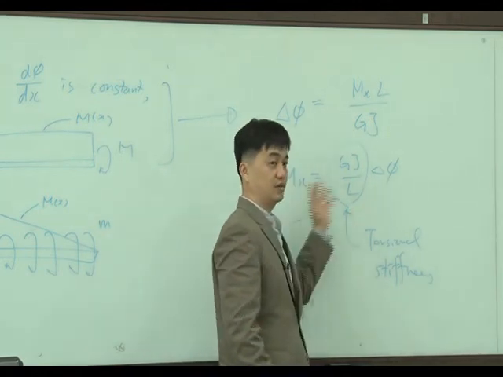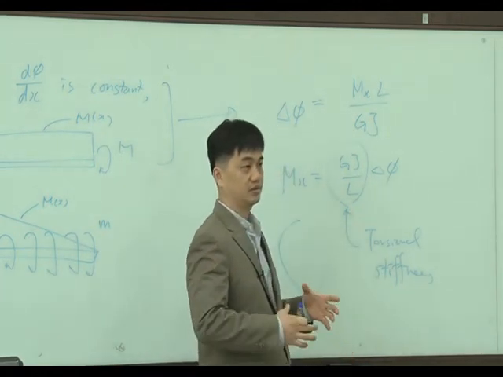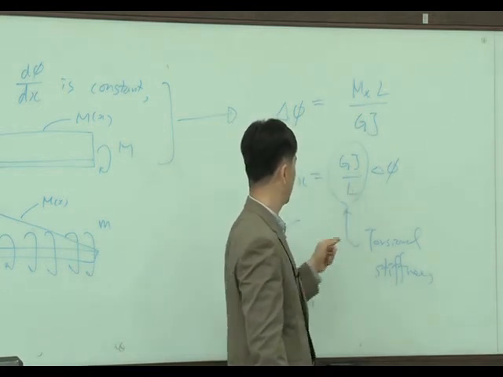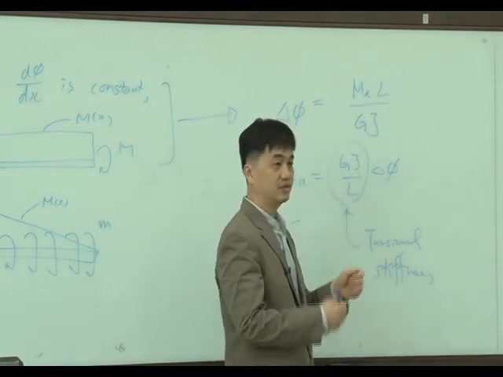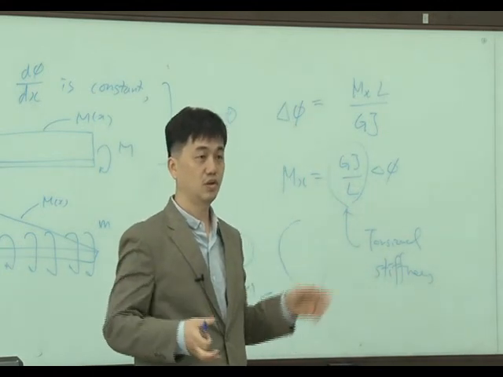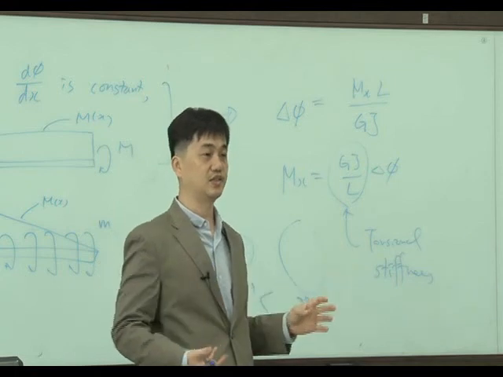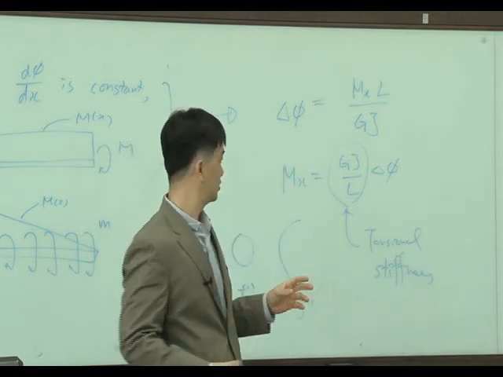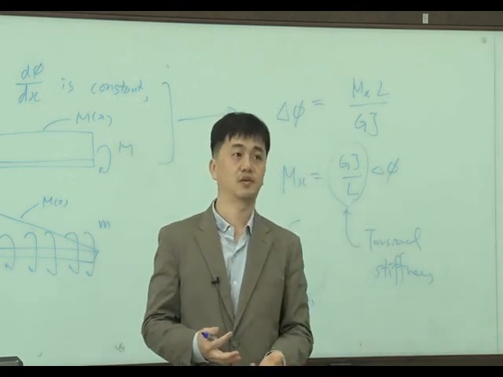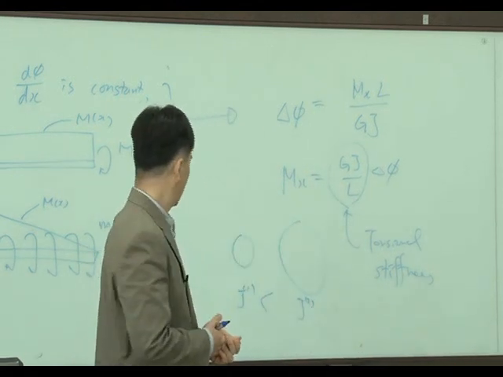If the radius of the solid circle is big, torsional stiffness is big. And if the length of the shaft is long, it can be very easily twisted, right? So torsional stiffness becomes smaller. Okay. Any question?